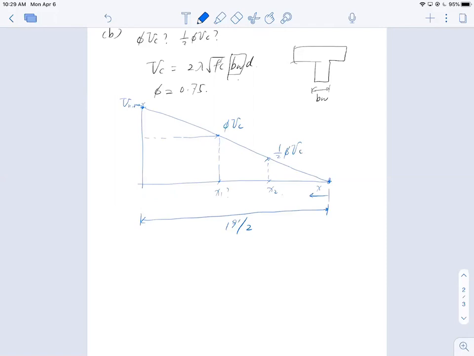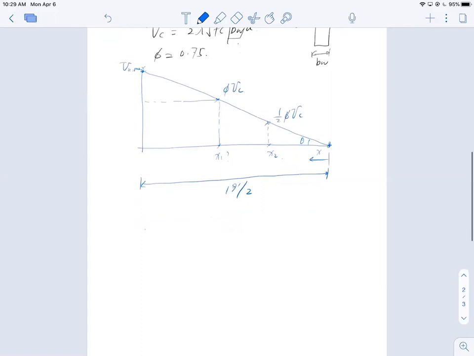So I'm going to use this angle here, theta, and say that tangent theta equals half of phi Vc divided by x2, equals phi Vc divided by x1, and equals V max divided by 19 feet over 2.